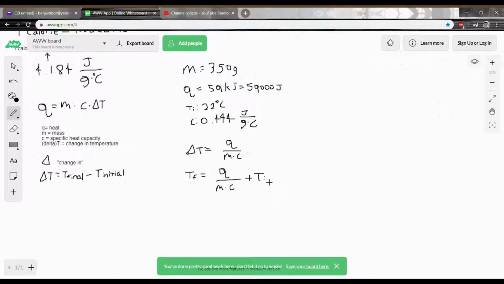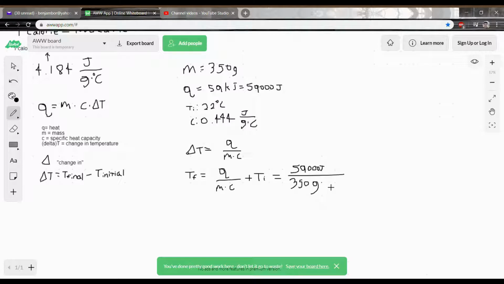And we have all of this, so let's plug it in. Our heat exchange is 59,000 joules. I missed a 0, I'm going to squeeze it in. And that's going to be divided by the mass, which is 350 grams. Make sure you record your units so we can keep things straight.